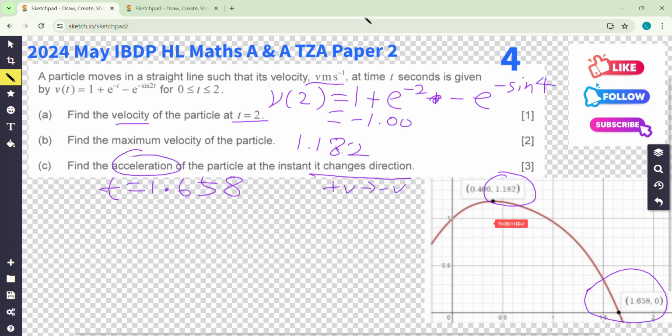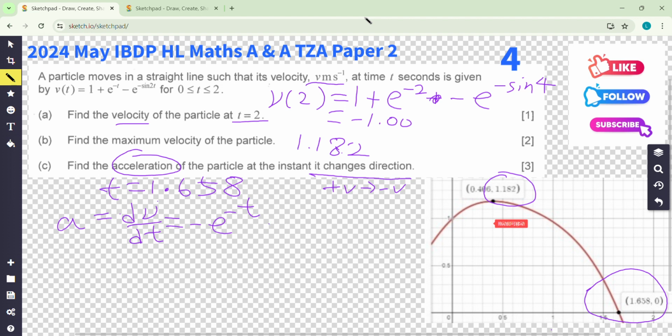Acceleration, so you need to show people you know what acceleration is. It is dv/dt, right? And then you really do the differentiation of this expression. The first term is 0, so it's minus the negative t. Next one is complicated. You copy it.